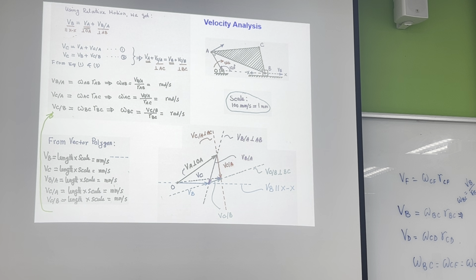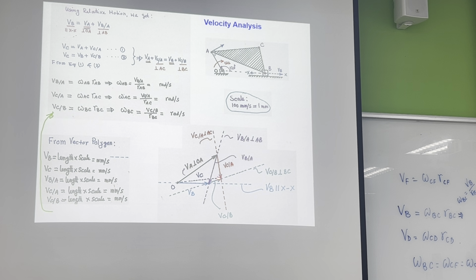And if you don't believe me, check your equation. VC equals VA plus VCA. That first equation, VA plus VCA equals VC. Again, look here, VC equals VA plus VCA. VCA is from here up to that point.